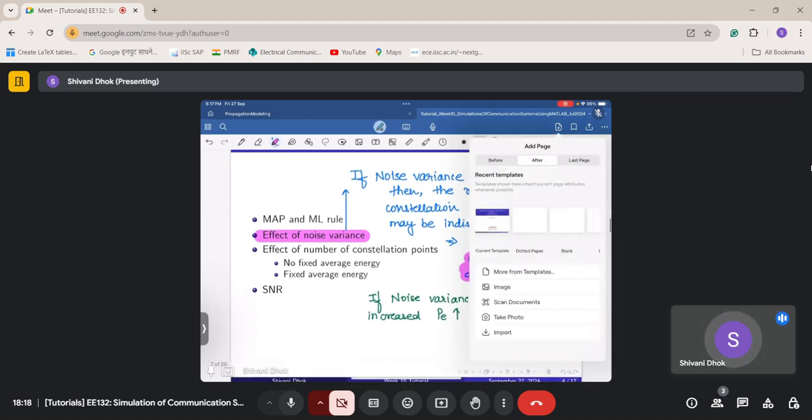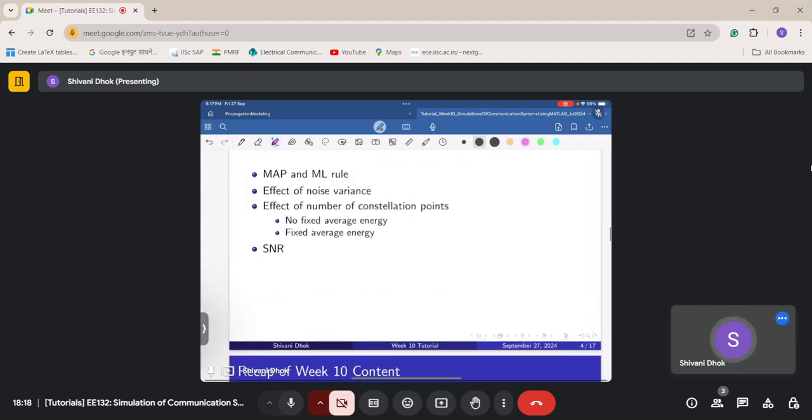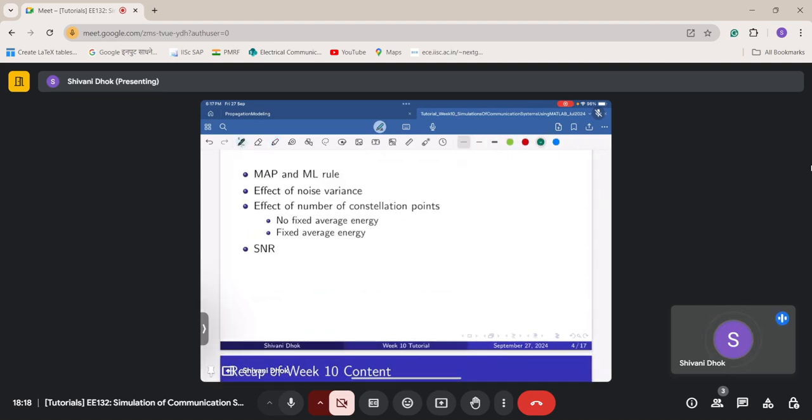After that, we looked at the effect of number of constellation points, and this we looked at for two different cases. One for when the average energy of the constellation is fixed, and when the average energy of constellation is not fixed.